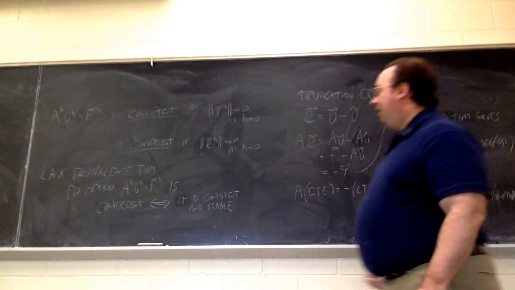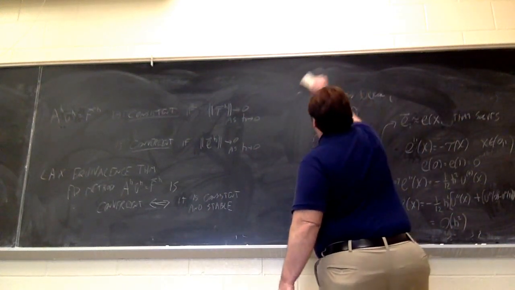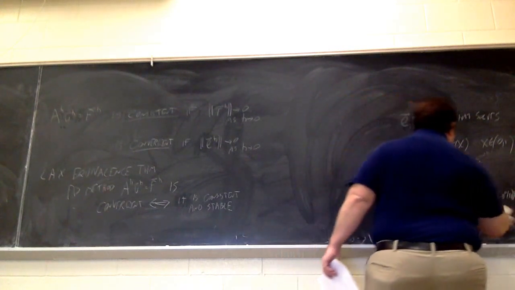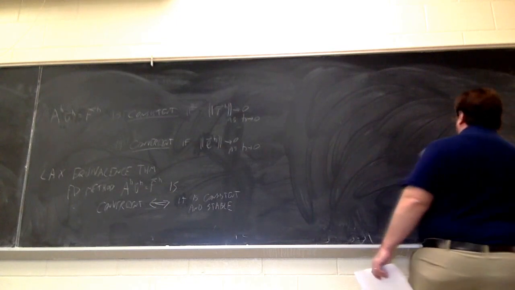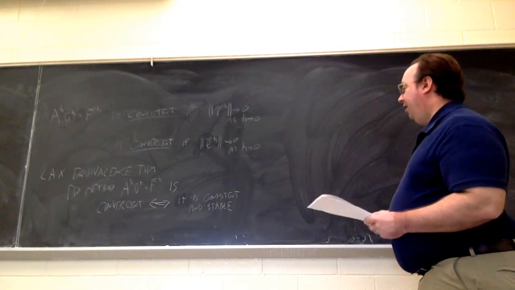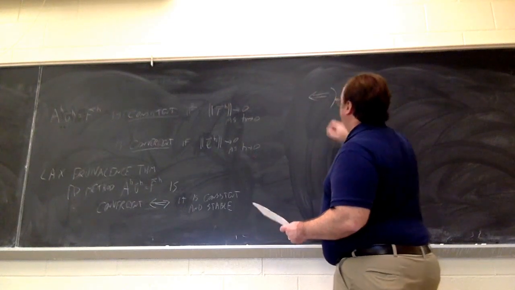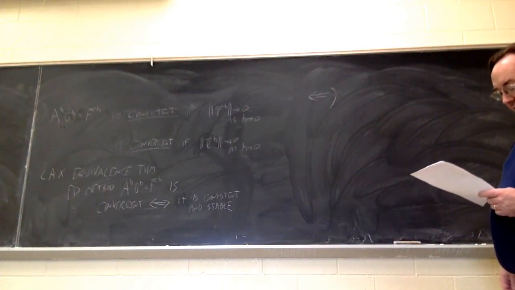And I'll show you the simple direction of the proof, that if it is consistent and stable, then it is convergent. So that would be this direction, based on how I've written it there.